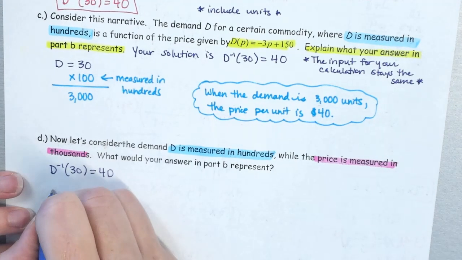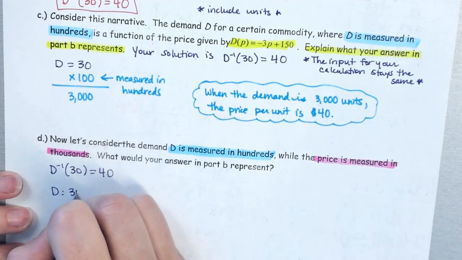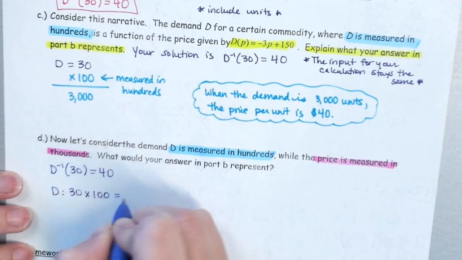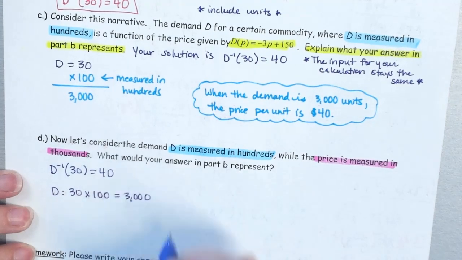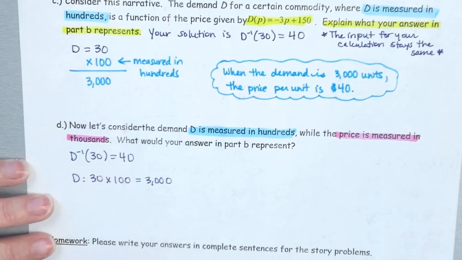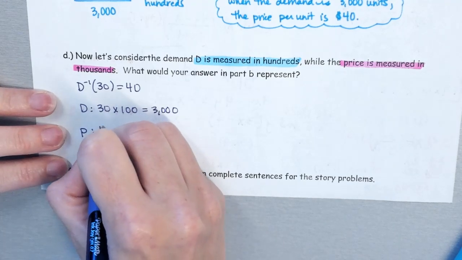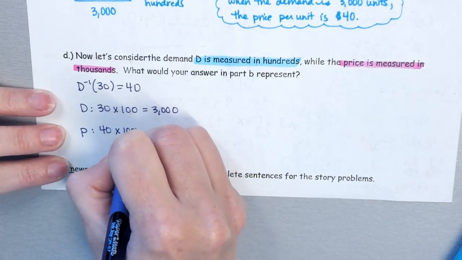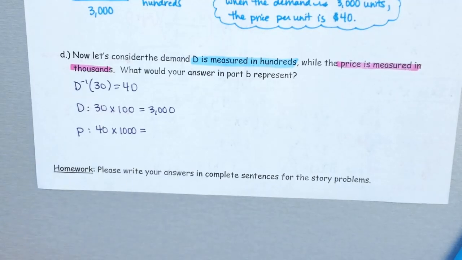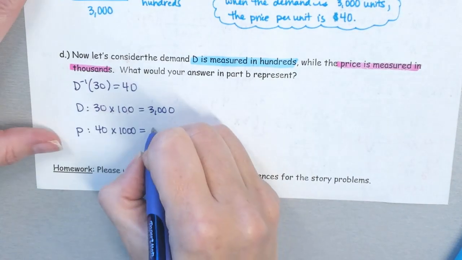Okay, so if the D is measured in hundreds, you multiply by 100. I know we just did that. Okay, and then your price was 40, but if that's measured in thousands, 40,000.